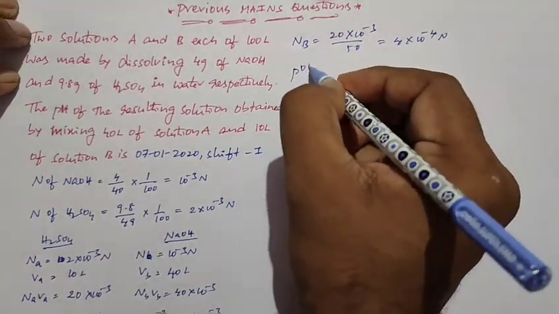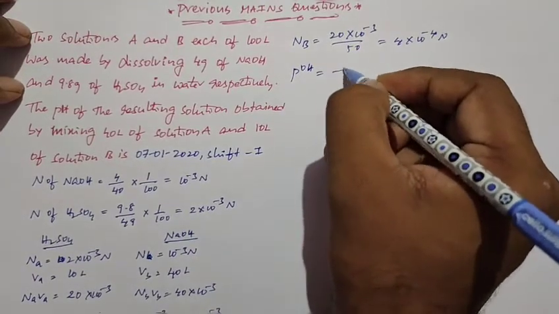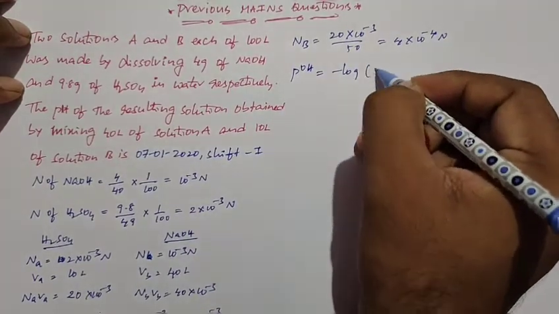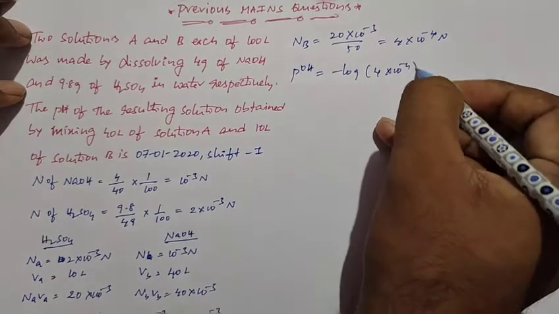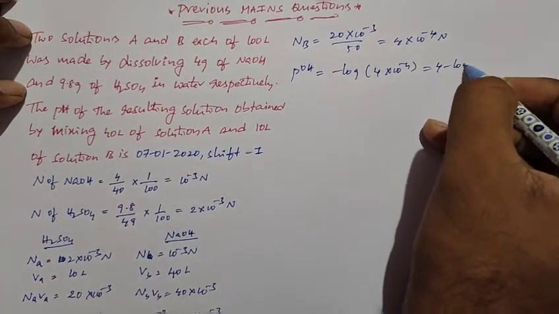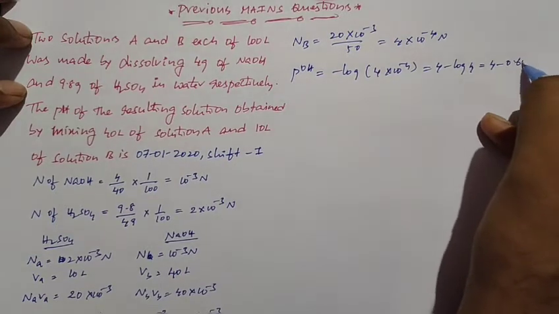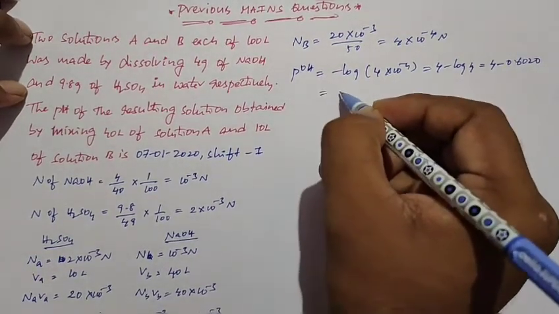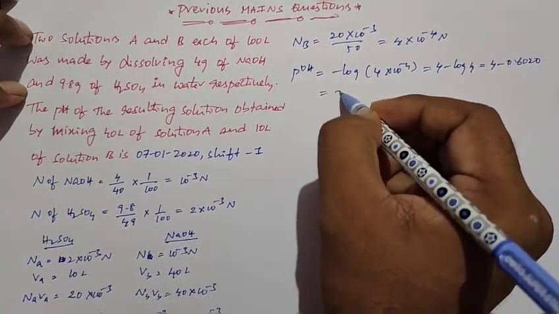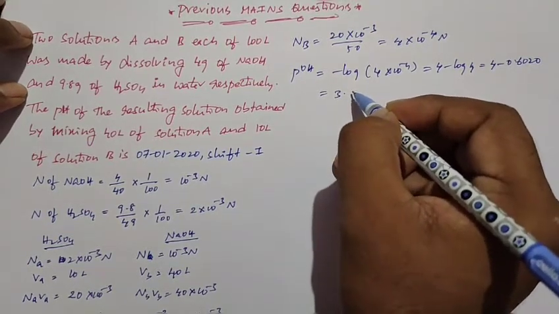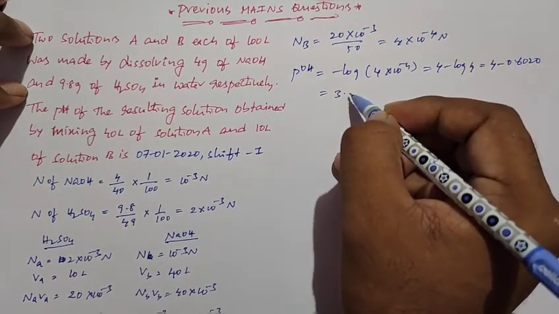So first we need to find the pOH. pOH is equal to minus log of 4 into 10 power minus 4, which is 4 minus log 4. That is 4 minus 0.6020, which is 3.3.